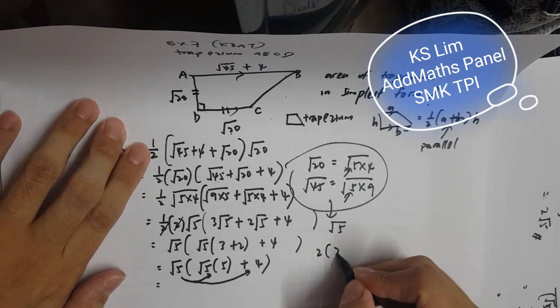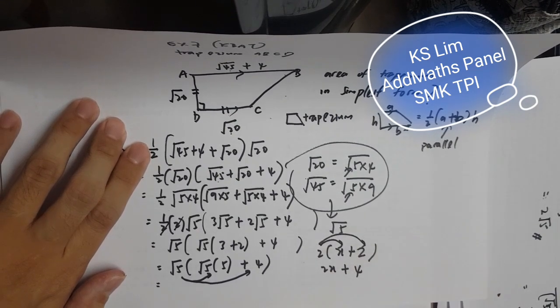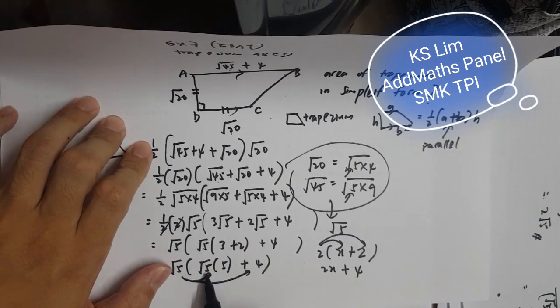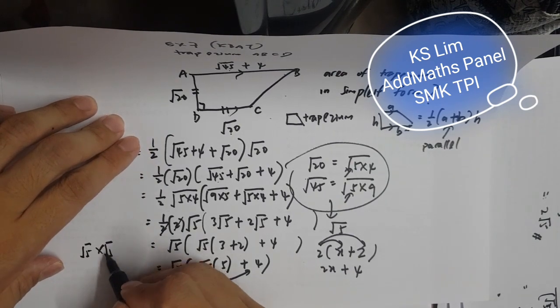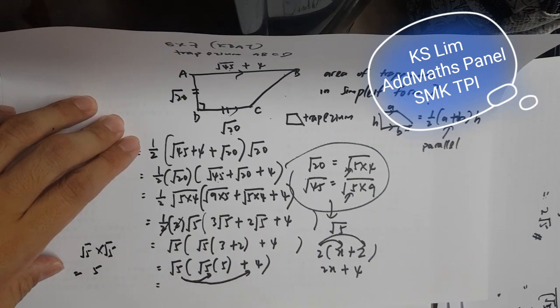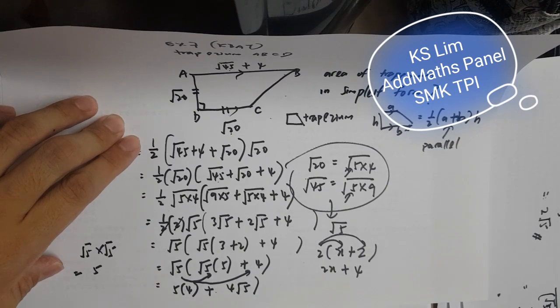It's like this, you know: 2x plus 4. It goes in. This one is the same, it goes in. Square root 5 multiplied by square root 5. What is that? Square root 5 multiplied by square root 5 is equal to 5. Right? Then plus square root 5 multiplied by 4. So it becomes like this. Okay. 5 times 4 is 20.